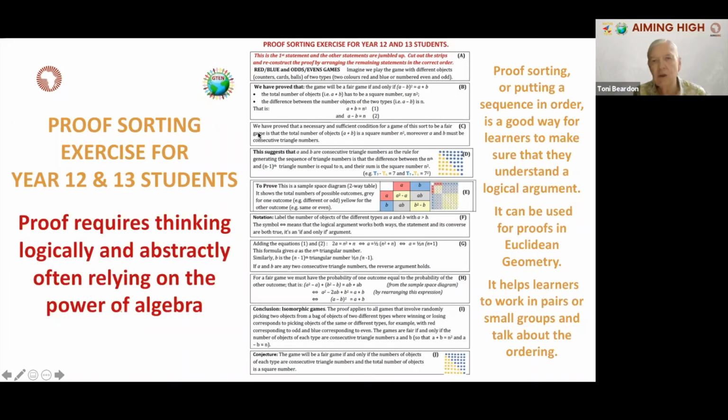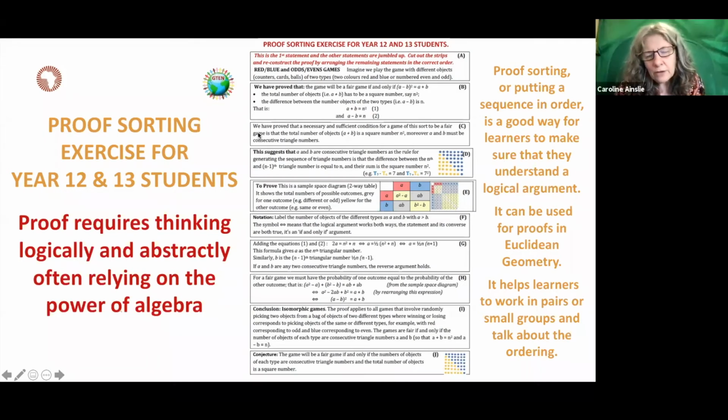So what we do with this proof sorting method is to jumble up the objects, and in this case it's strips of paper with the different pieces of the argument written on them, and we're asking the learner, it's you this time, to sort them out.